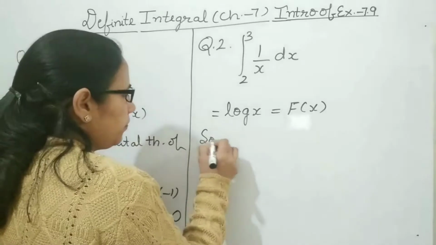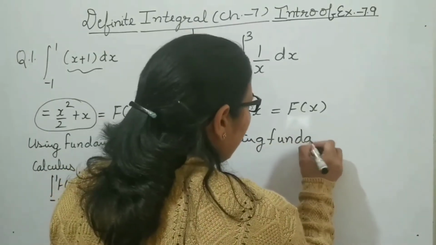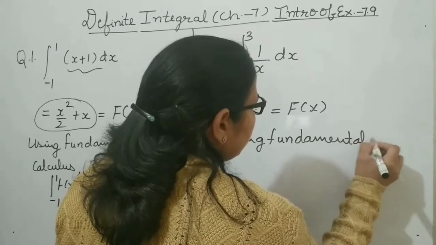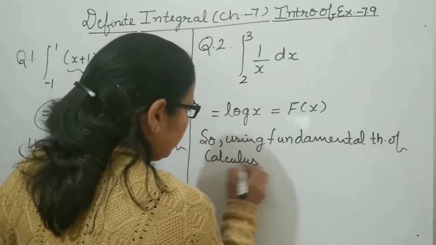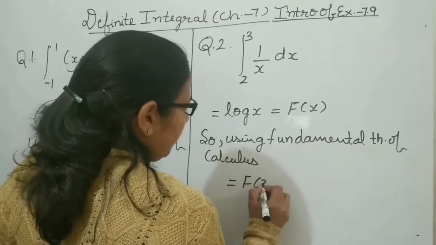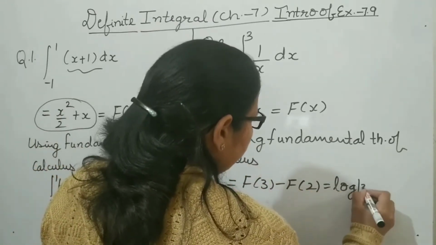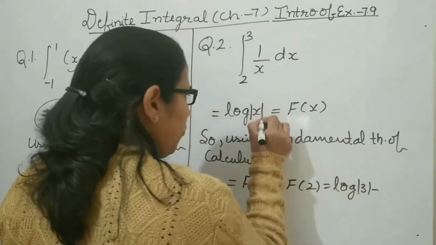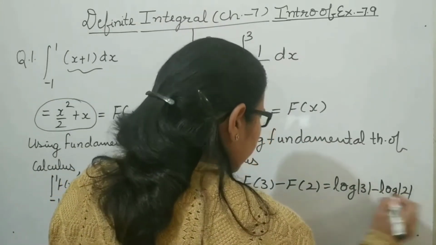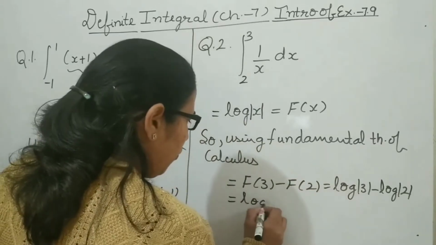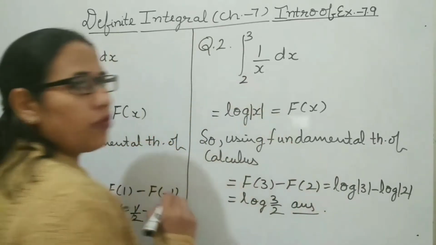So using fundamental theorem of calculus, it becomes F(3) minus F(2), means log 3 minus, always take mod with log of function, minus log of mod of 2, or we can write it as log of 3 by 2. This is the answer for question number 2.